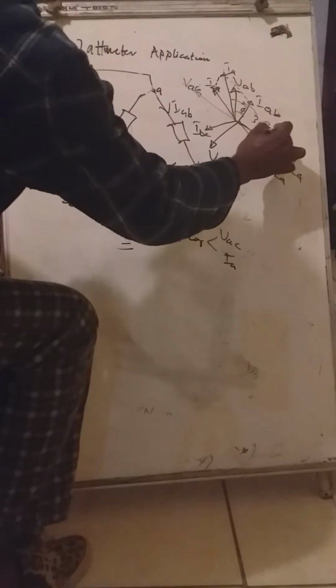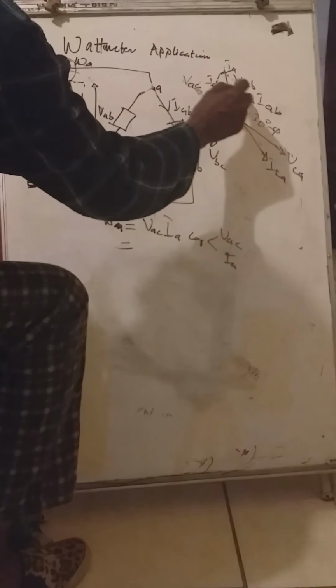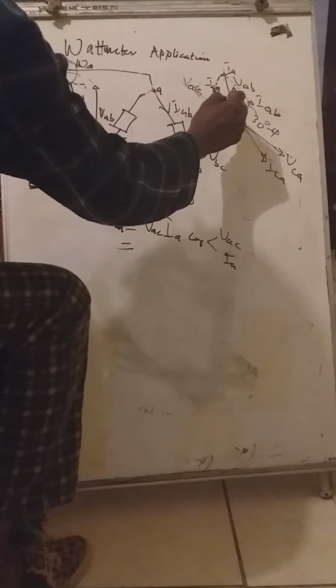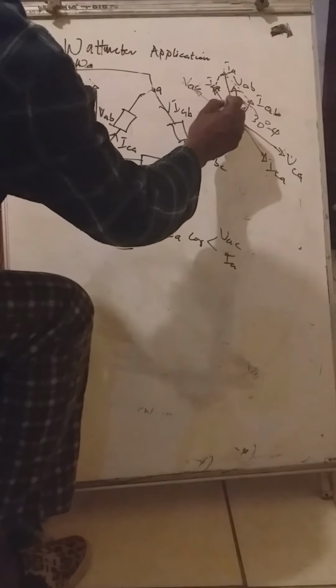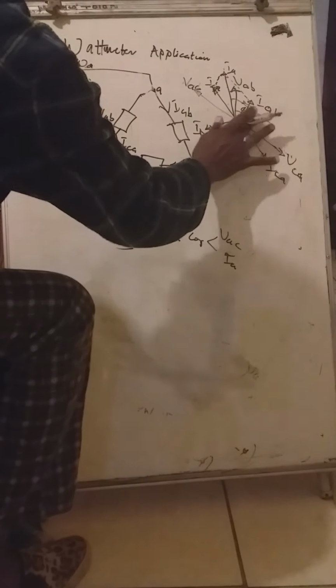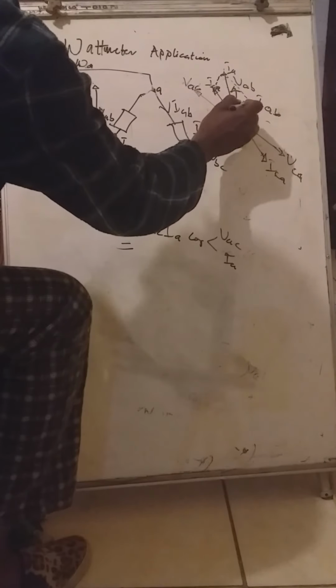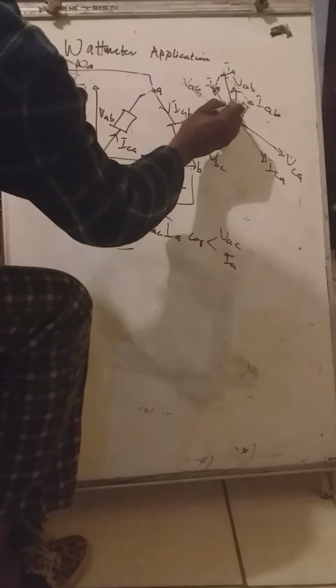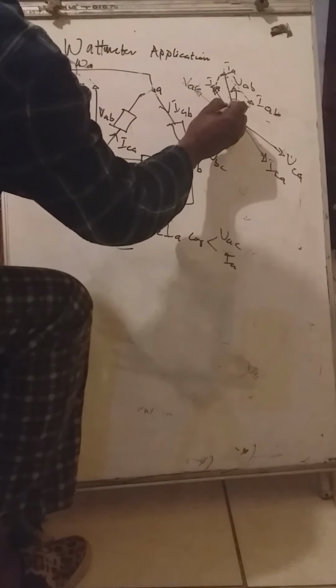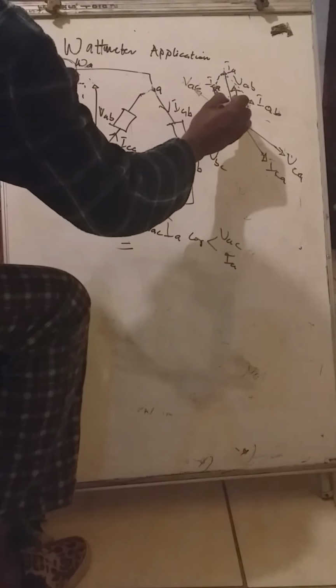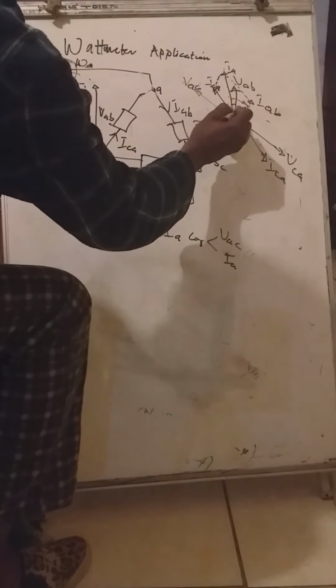We were able to determine that this is phi, and that between here and here is 30 degrees minus phi, because the angle between IA and IAB, line current and phase current, is 30 degrees.